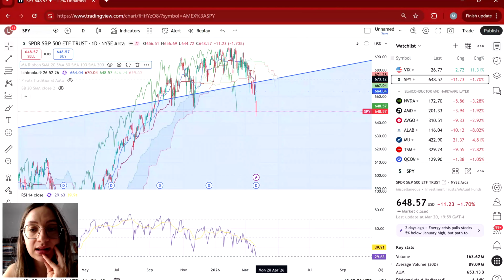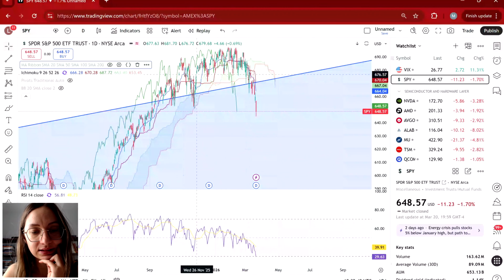The thing is, the red cloud is pretty thin, so I don't know, it could just reverse back to green, but it is trading under the cloud right now. It means the market sentiment is very bearish.